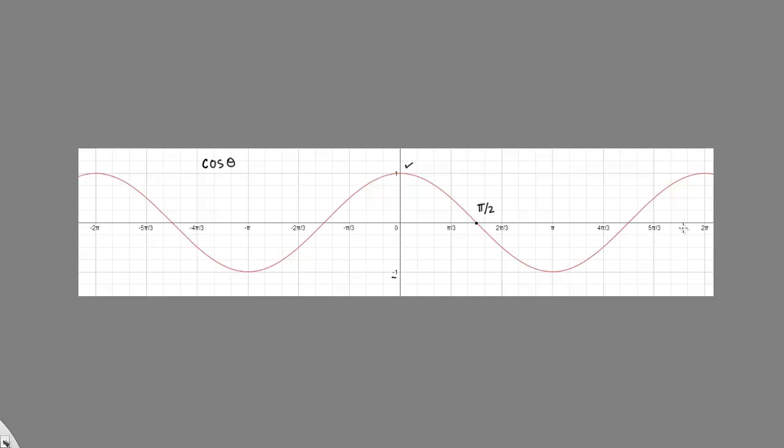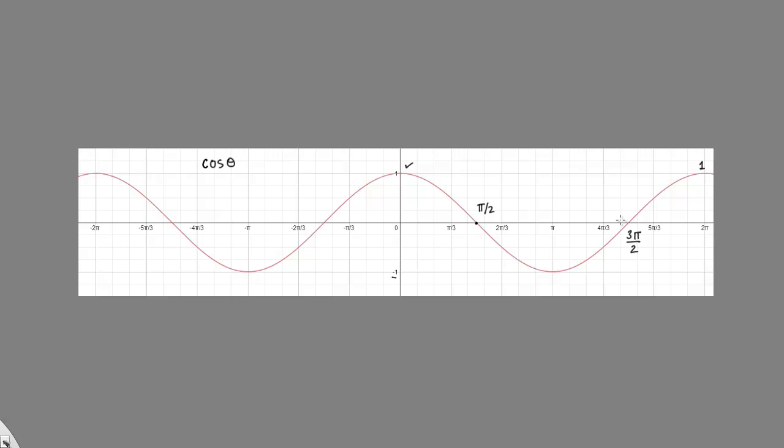Then again at 2 pi it takes value of 1, you can see here. And this is 3 pi by 2 here. So you can see at 3 pi by 2 it again takes value of 0.